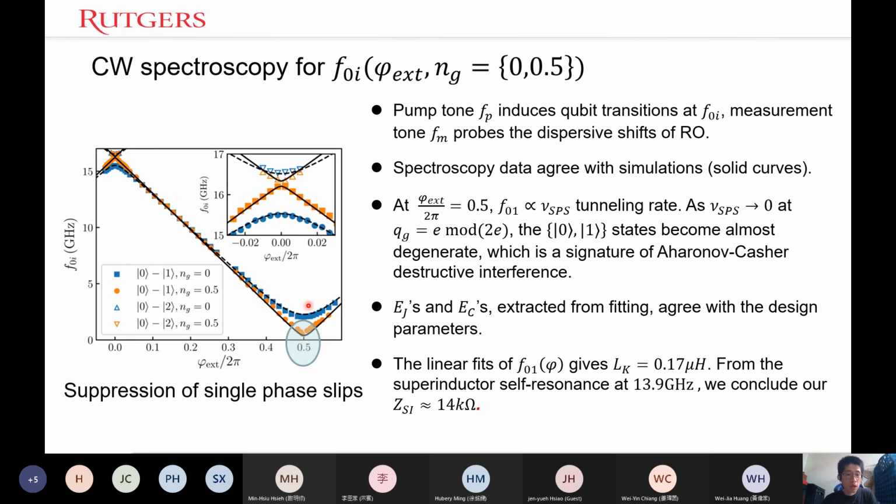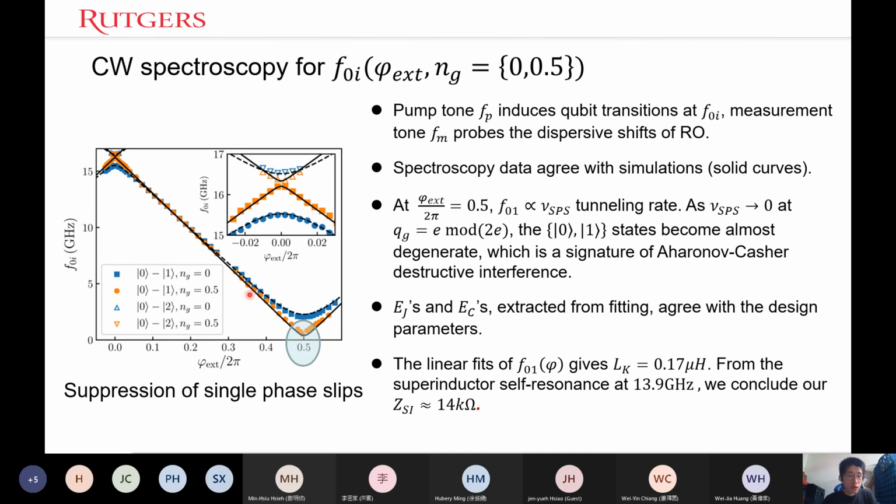At the frustration point, where we have phi external equal to pi, F01 is proportional to the single Fluxon tunneling rate.